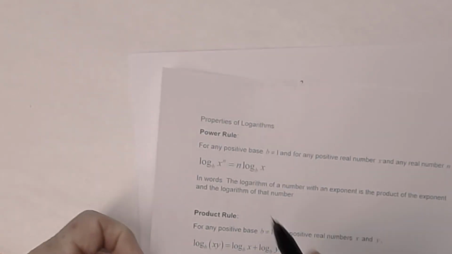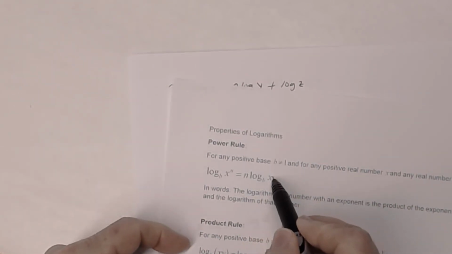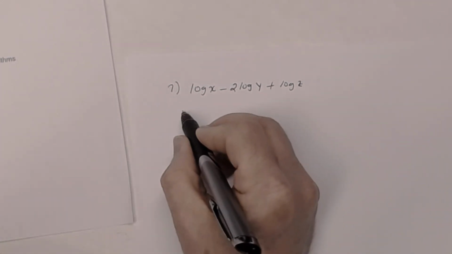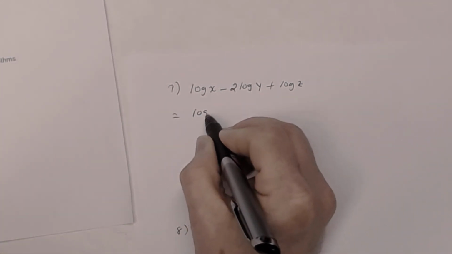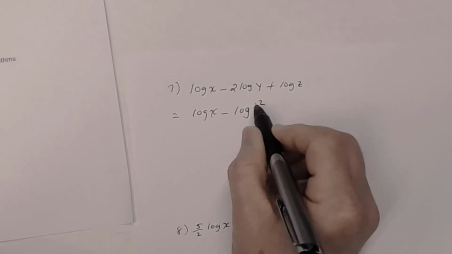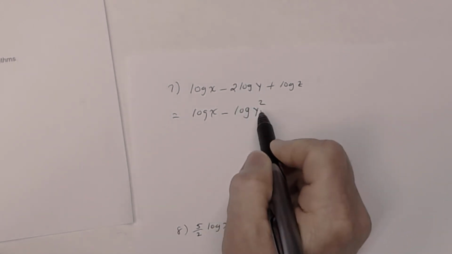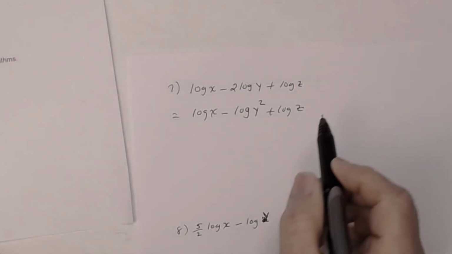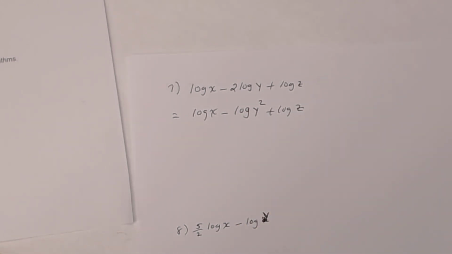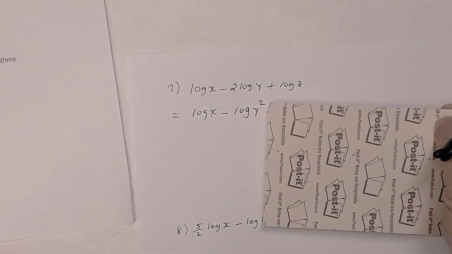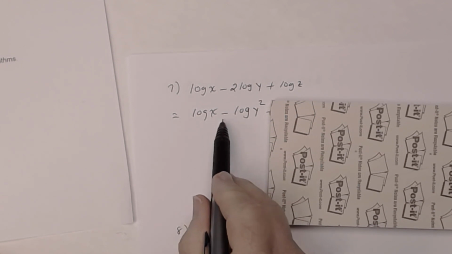So basically, you're taking n and you're writing it as an exponent. So that's how you get this right here. So then this becomes the log of x minus the log of y squared, so 2 becomes the exponent, plus the log of z. And just like we did in the previous problem, let's go ahead and cover this part up right here, and let's deal with the subtraction.